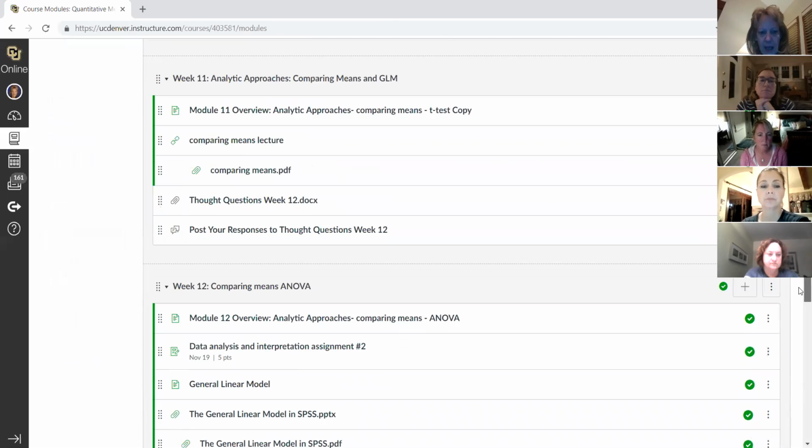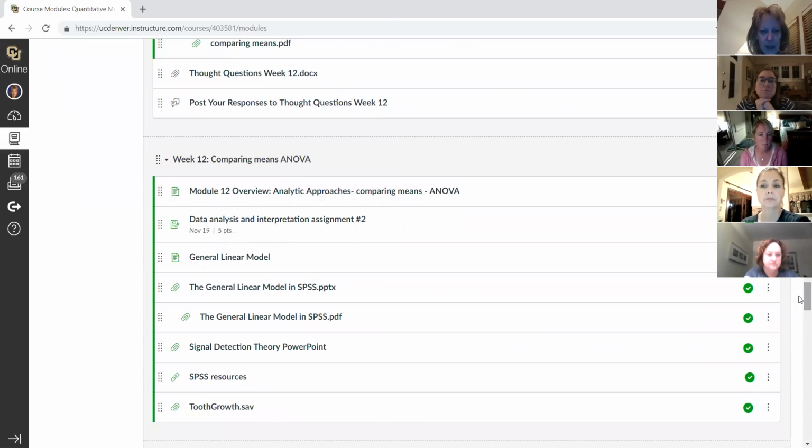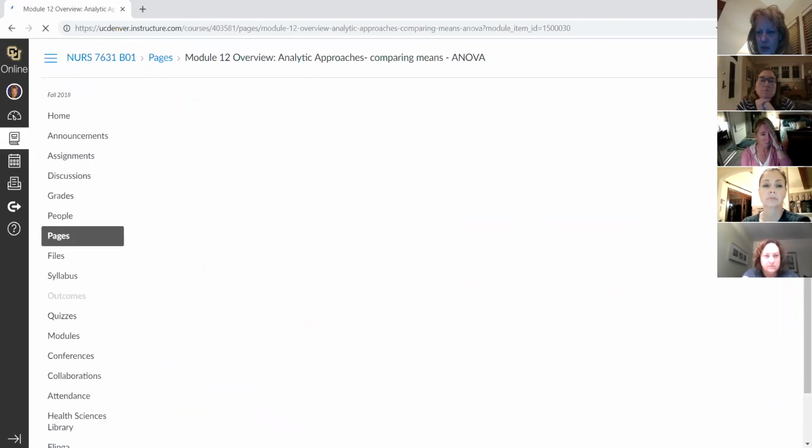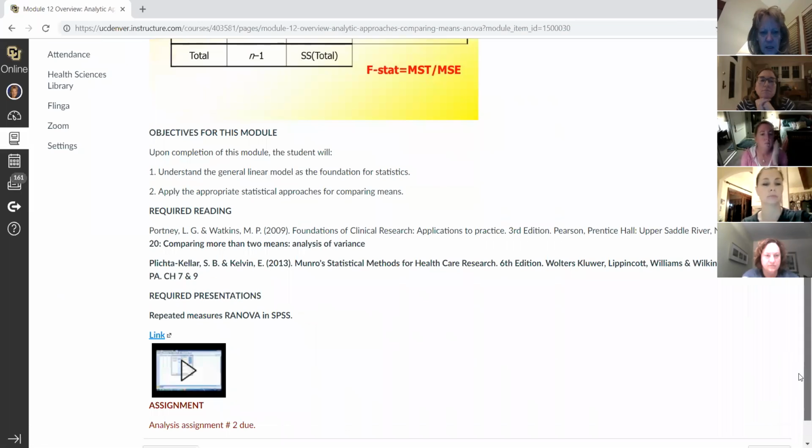As you're looking at the assigned readings, those are listed for you here. And if you look at chapter 9 in particular in the Monroe's statistical methods, it's really going to talk about the interpretation, how to do that analysis and how to interpret it when we're talking about comparing more than 2 means.